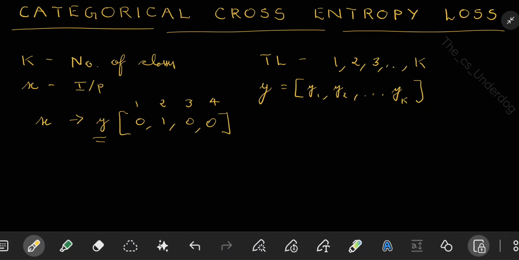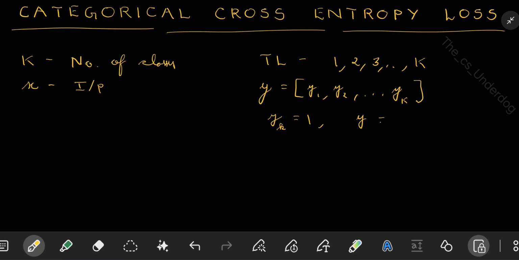What does this mean? The input belongs to class 2. This is what you call a one-hot vector. Only one particular value will be equal to 1. So out of these, one particular class yk will have value 1, and all other yi's will have value 0. This is when you call it a one-hot vector.